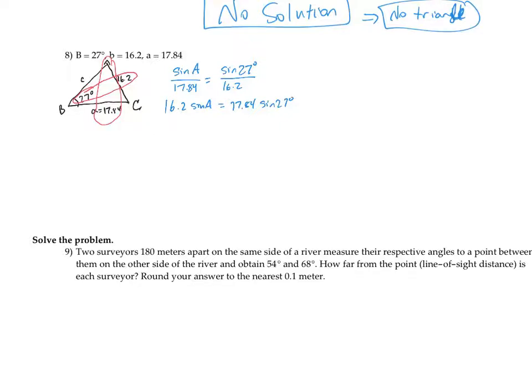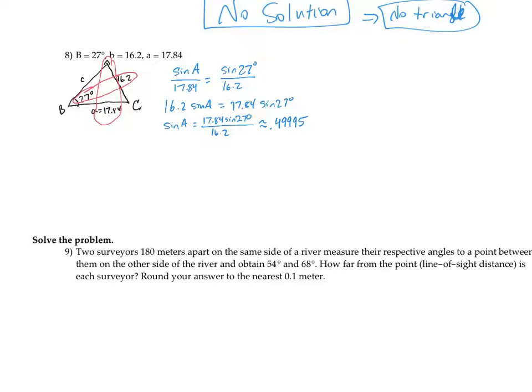All right, and then sine of A is 17.84 sine of 27, that's 27 degrees, divided by 16.2. 17.84, 27 sine, multiply those, and then 16.2 divide, I get 0.49995.